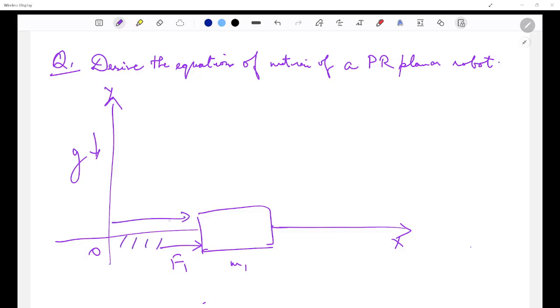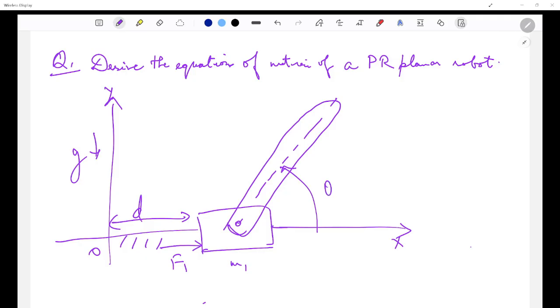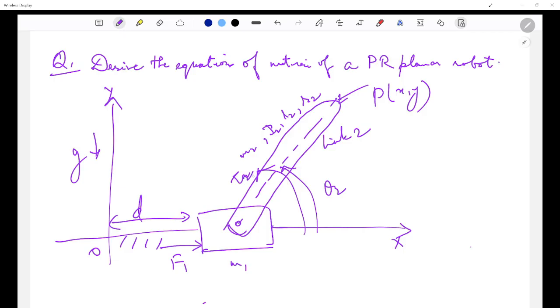It is at some distance d currently, and it carries a link, and this link is at an angle of theta 2. Let's say the end effector position is x comma y, and it has m2, I2, l2, r2, and the torque being applied is tau 2 in this direction. In this direction it's a linear force, F1.